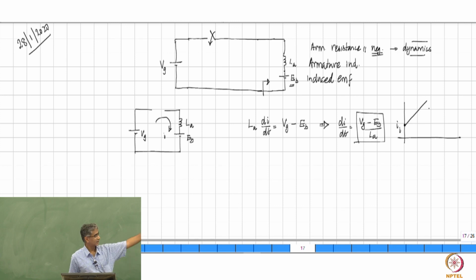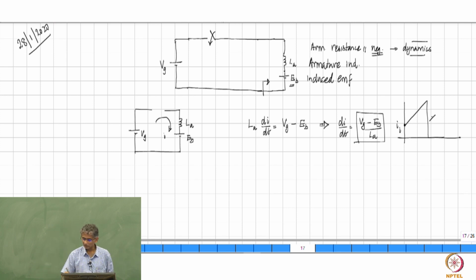What will happen to this current I if you switch off? It will go to 0. That's very simple, right? The moment you open the switch, no more circuit is there. There is no route for this current to flow. You are forcing the current to go to 0.